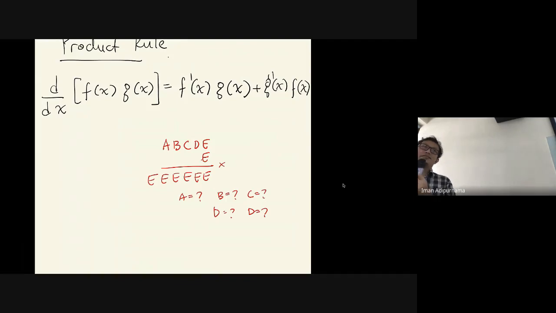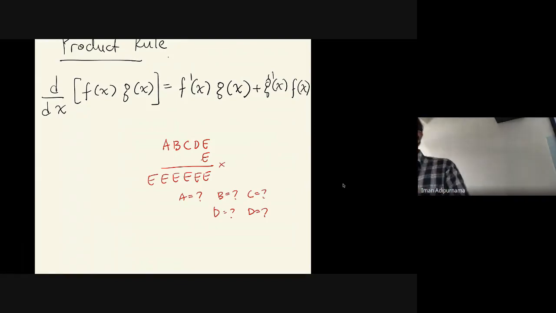This is just for your information. You can try. I solve it in maybe around 10 to 15 minutes. Because you need to at least try some numbers that make sense first, and then put them into the calculations, and you get it. This is just an intermezzo. If you want to try, you can try.